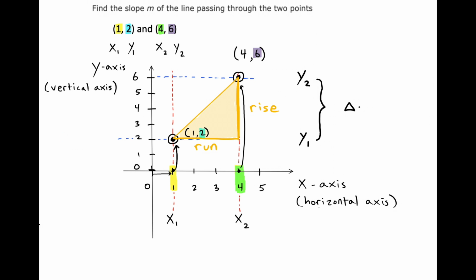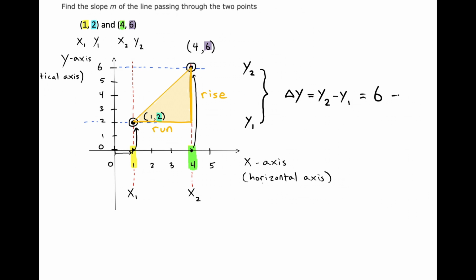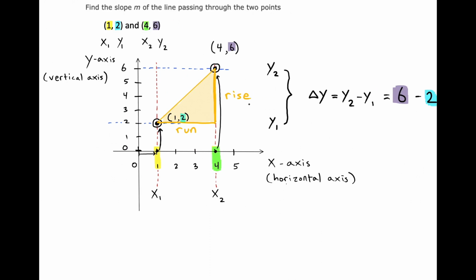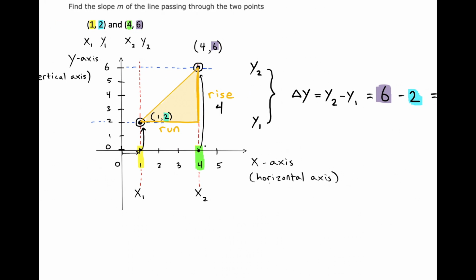So we're going to find what's called delta y by subtracting y2 minus y1. That's 6 minus 2, and so it's 4. The rise is 4.